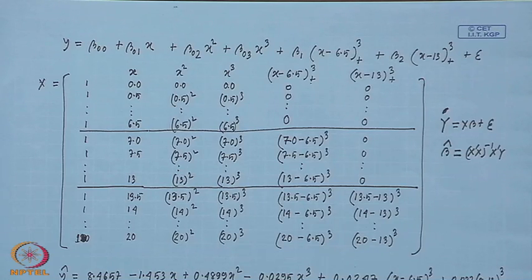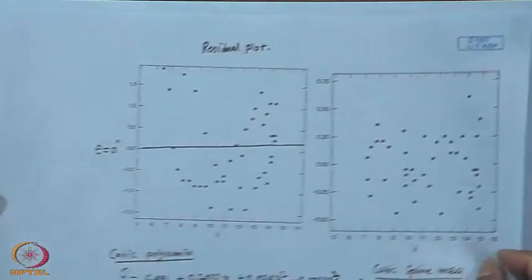Now, to check whether the cubic spline is better than the cubic polynomial fit, we again go for the residual plot.